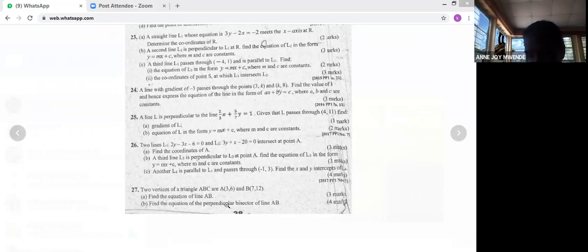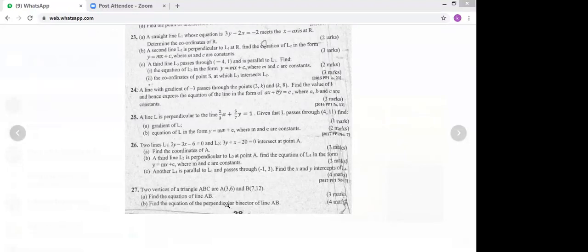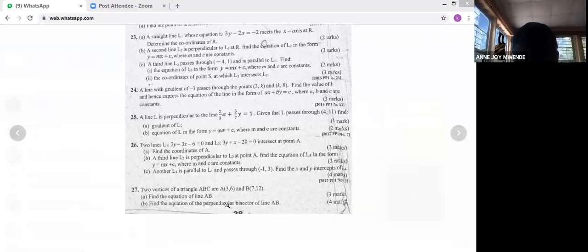What is the gradient of line 1? It is 3/2. Yes.